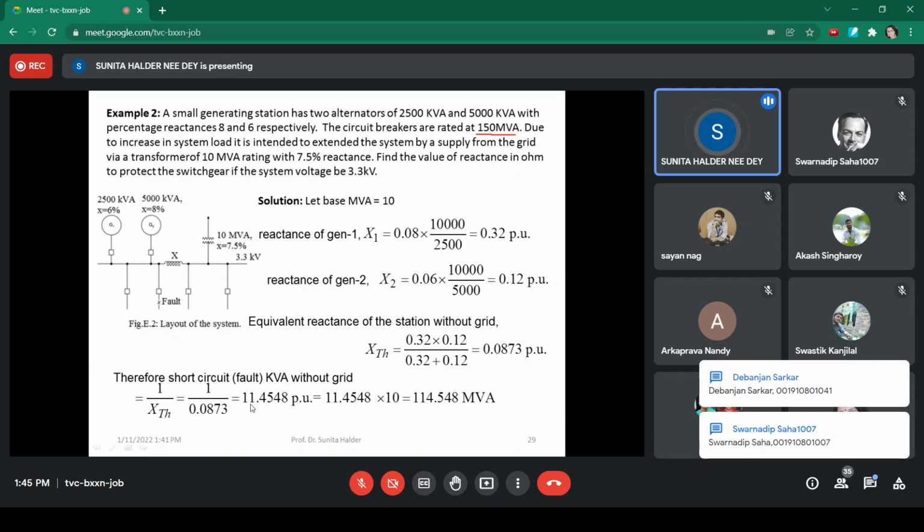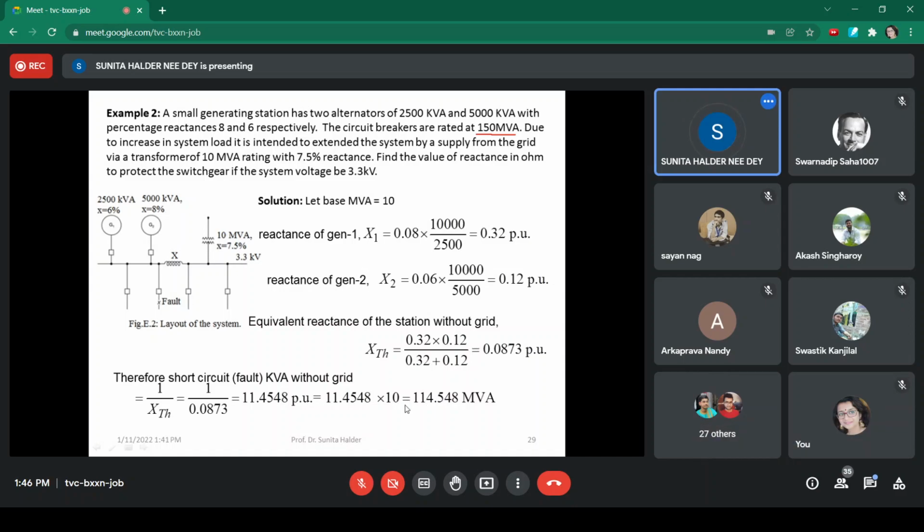So it is 11.45 per unit. Now if we multiply it by the base MVA, directly we can get the short circuit MVA. You just note here, we have no need to bother about the bus voltage, right?